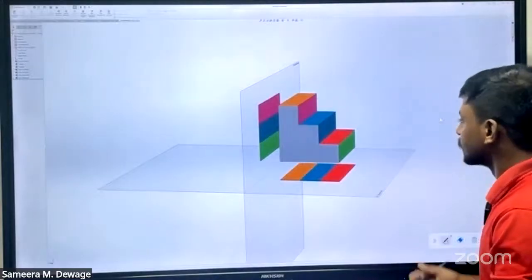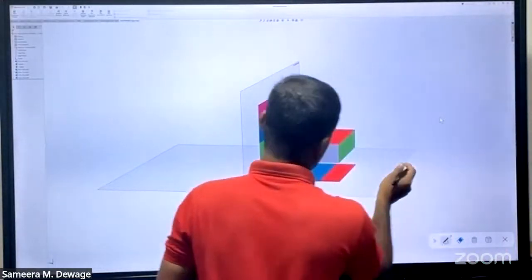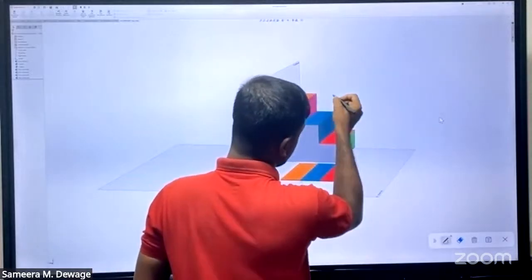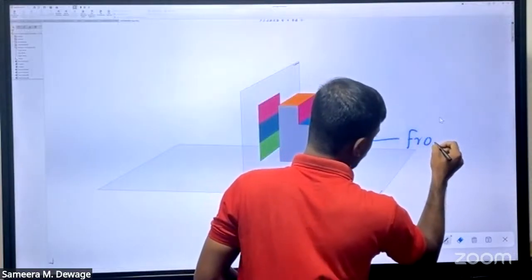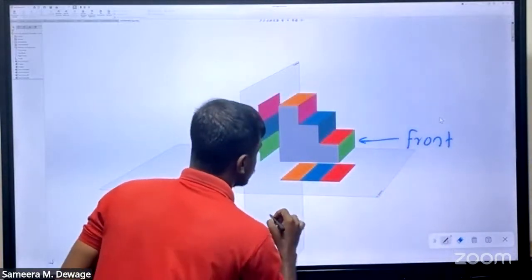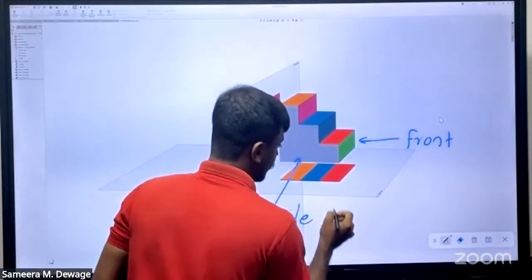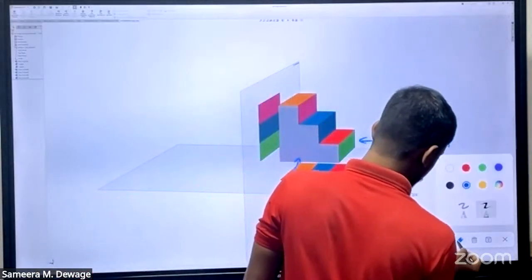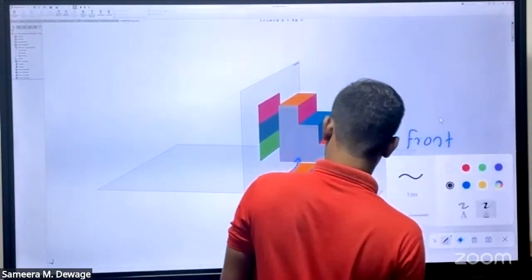Okay, right. So assume this is our front side. This object's front side is this part, right? This is our front side, and this is our side view.